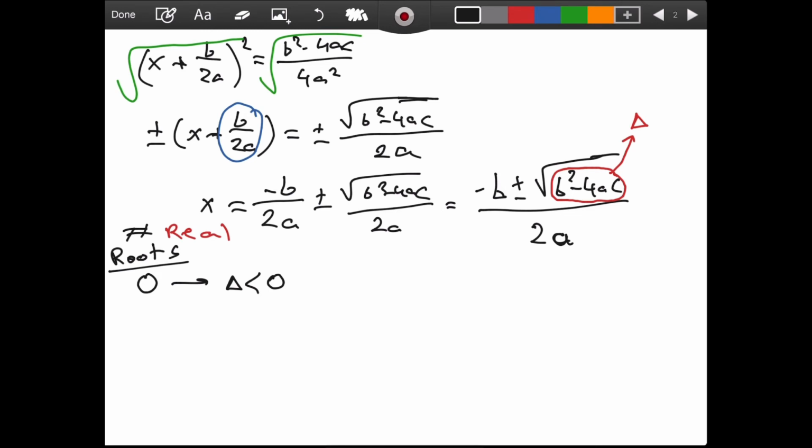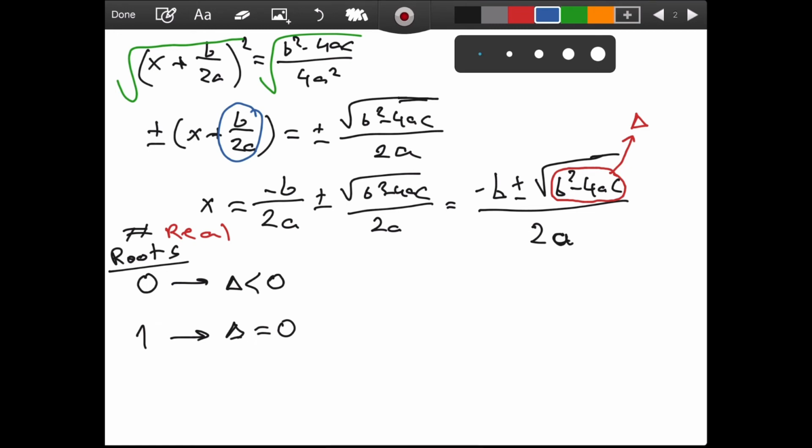If we have 1 root, what does this mean? Well, this means that delta is equal to 0. The determinant is equal to 0. Because if this part is equal to 0, well, then plus or minus 0, it doesn't matter. We get the same thing, right?